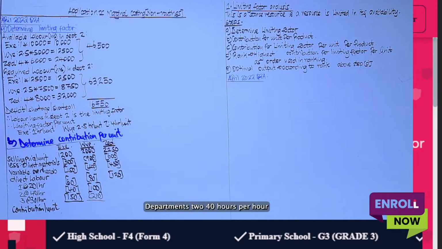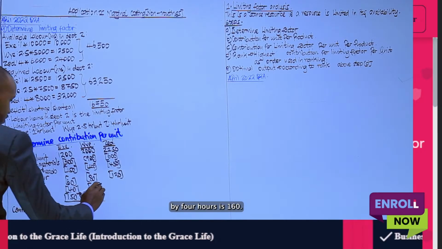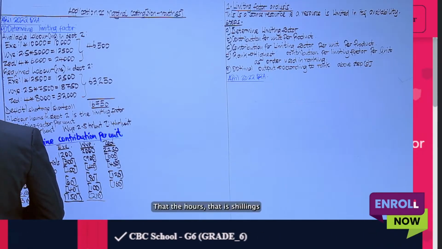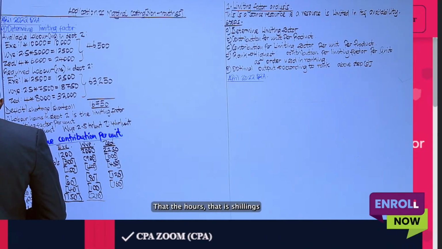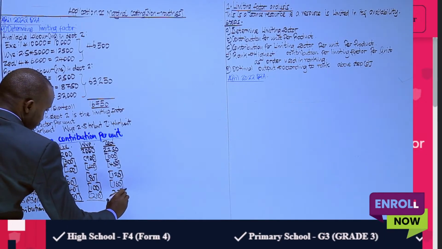Department 2, 40 shillings per hour by 4 hours is 160. 30 shillings per hour by 9 must be 270.